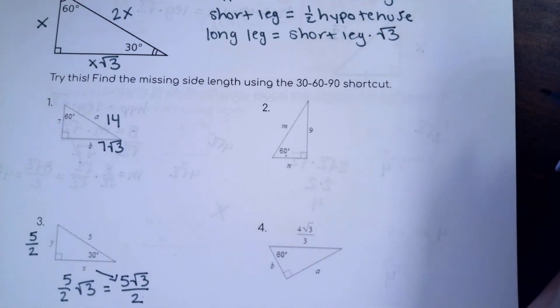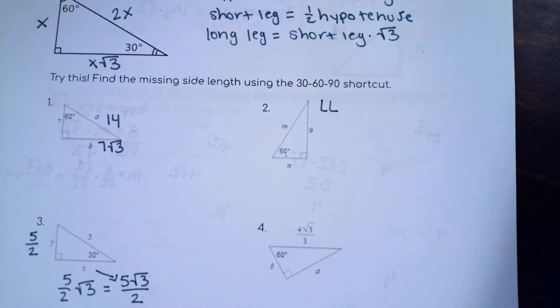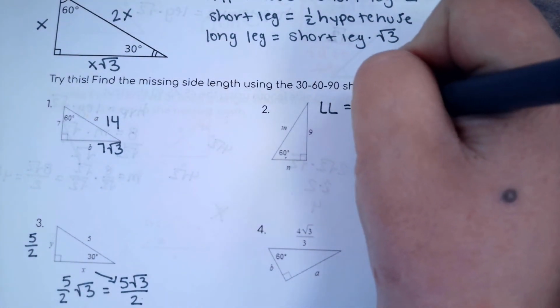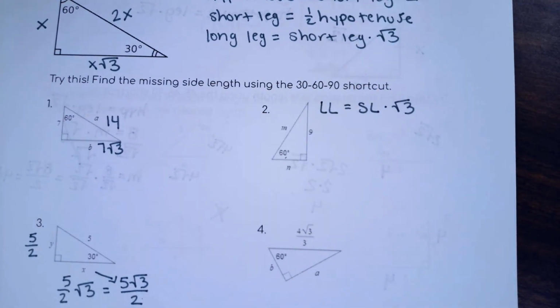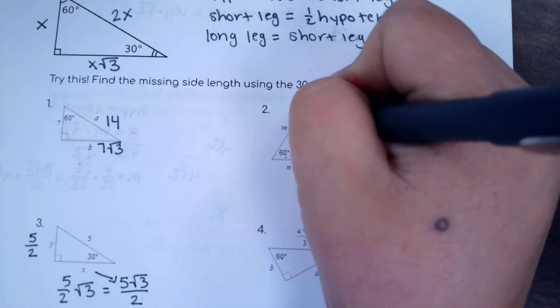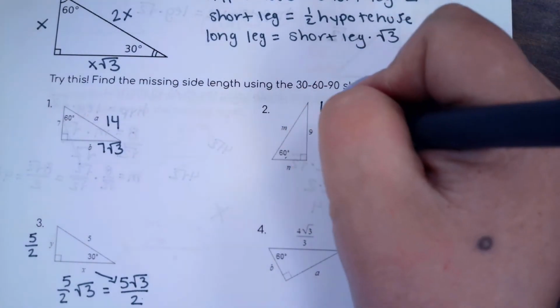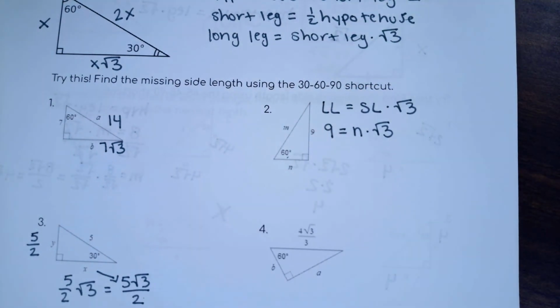So let's think about what we know about the relationship between long leg and short leg. We know, I'm just going to say LL for long leg, is equal to the short leg times the square root of 3. And then let's plug in what we know. We know the long leg is 9. The short leg is variable n, and then times root 3.